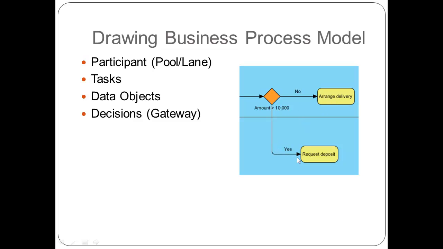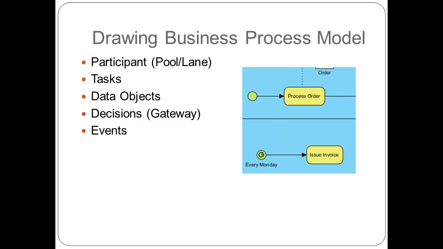If the amount is more than 10,000, we need to request a deposit from the customer before we can arrange the delivery. And the event represents something that happened. You can use the event in different ways. One very common way is to model the scheduling of the business process, like every Monday we issue the invoice to the customer.